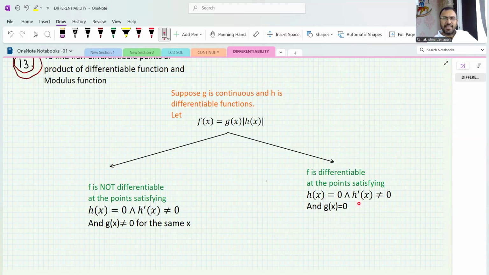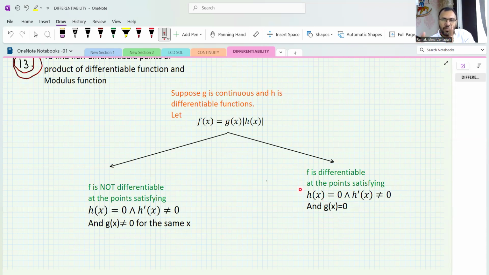With the same condition, f is differentiable at the point satisfying h of x equal to 0 and h dash of x not equal to 0, and g of x equal to 0, using the above concept.